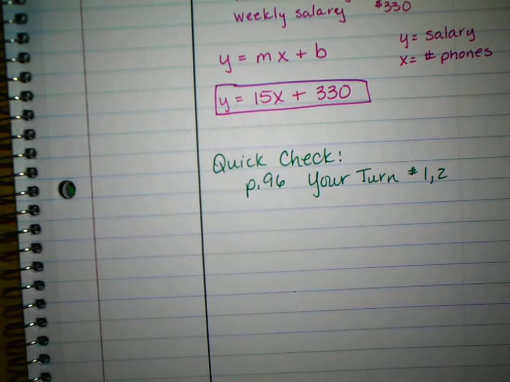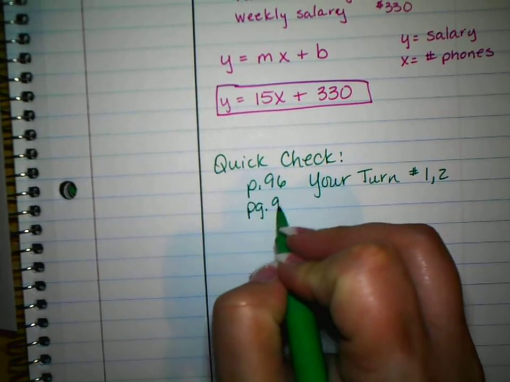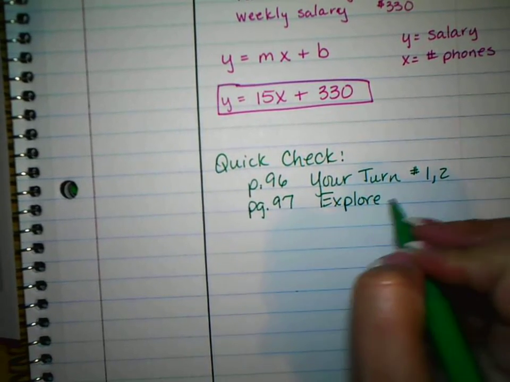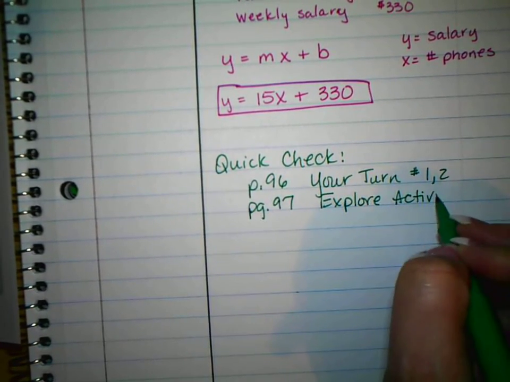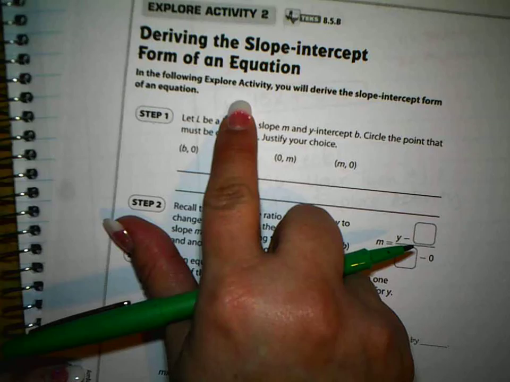And then I also want you to do page 97, the Explore activity, deriving the slope-intercept form of an equation.